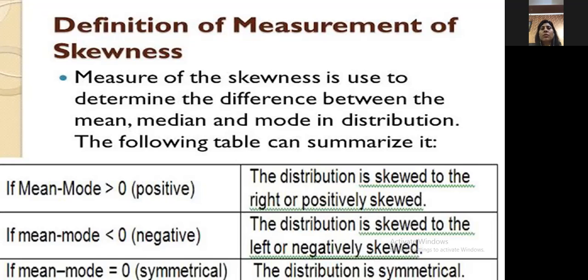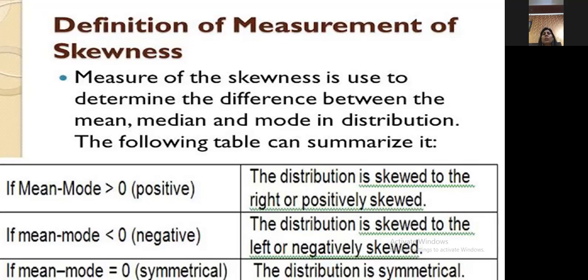If the difference of the mean and mode comes out less than 0, then the skewness is negative, and this shows a negatively skewed or left skewed distribution curve. The last is when the difference of these two equals 0, showing there is no difference in the value of mean and mode, and that's why the curve appears as a symmetrical distribution curve.